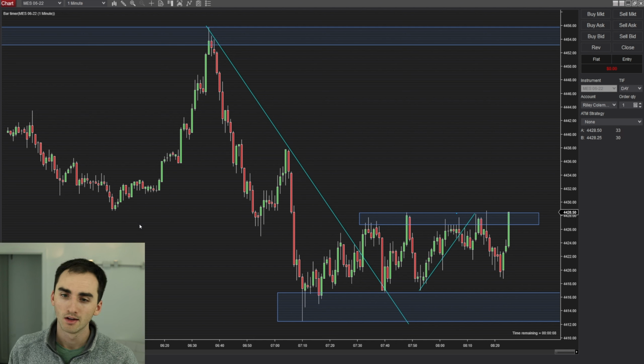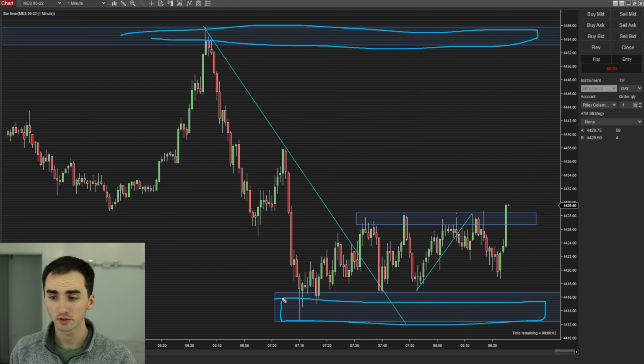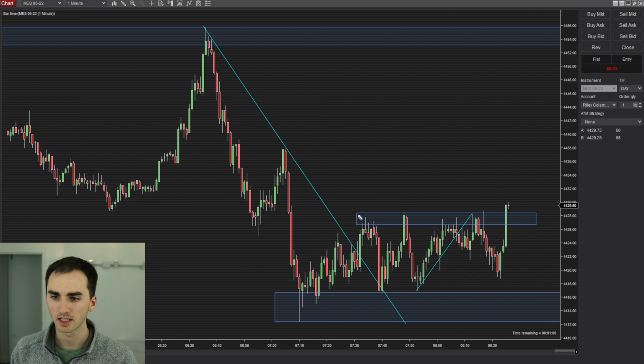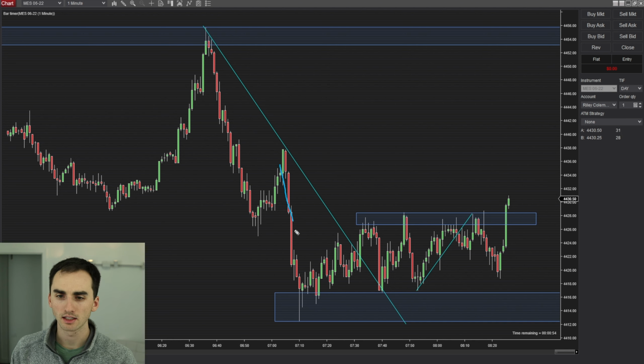Again, here are our levels. We have our areas, our extremes of reversal, and we also have a smaller level here. You can see the market had this downtrend, and then it looked to go into this little range. A big reason why I like this strategy is that it allows me to not have to pay attention to a lot of the noise in the market.